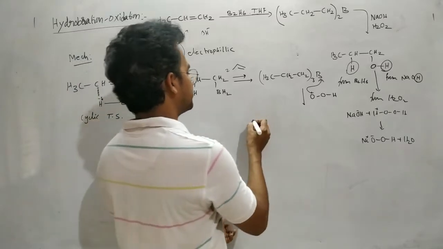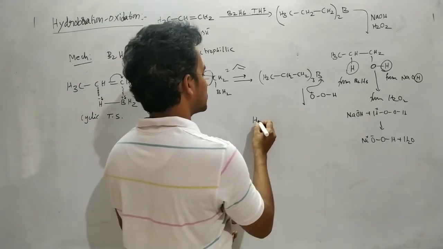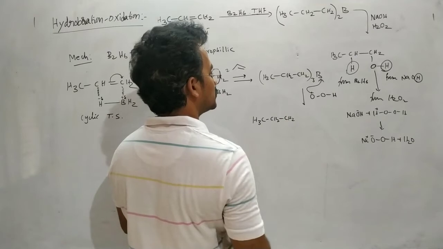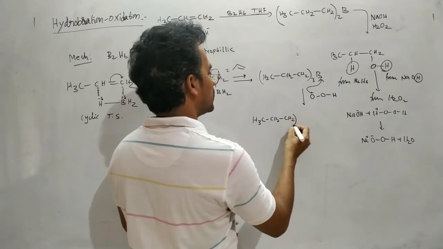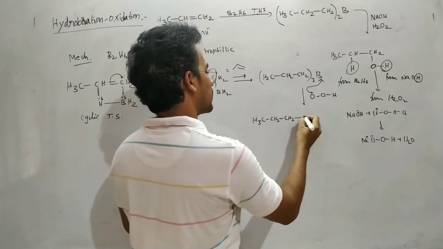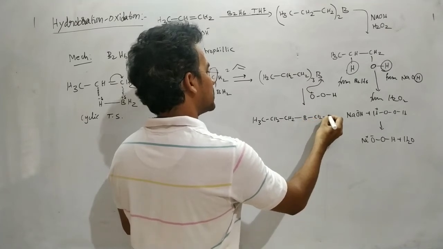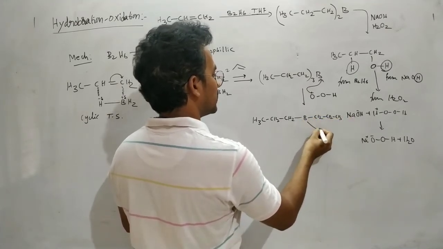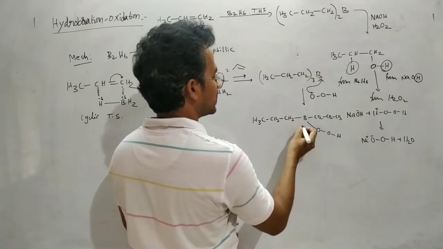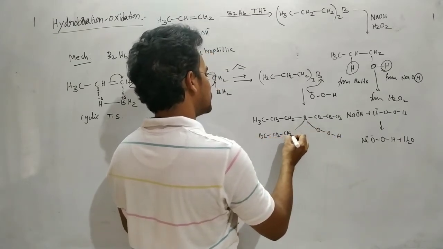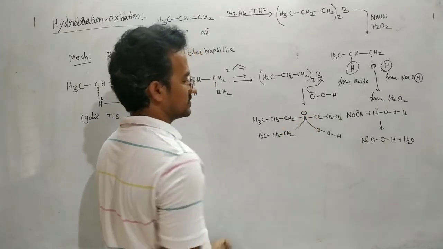As a result, I'm writing like this: boron with CH2, CH2, CH3, and oxygen, hydrogen, and the next one again CH3, CH2, CH2. So it carries a negative charge.